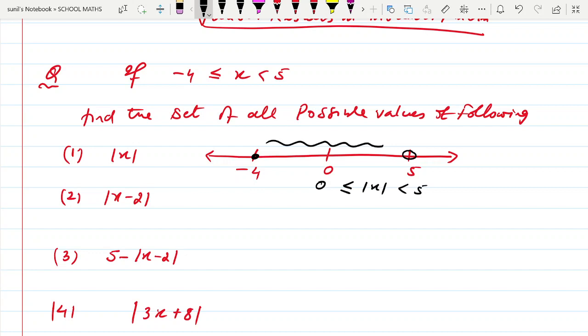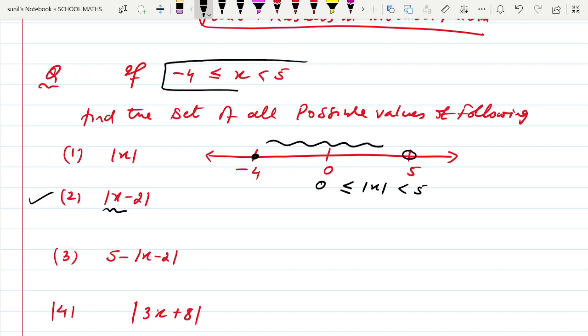In the second question, we are asked to find the set of all possible values of mod x minus 2. Now how will we find it? In order to find the possible values of mod x minus 2, first of all you will find the range of x minus 2.